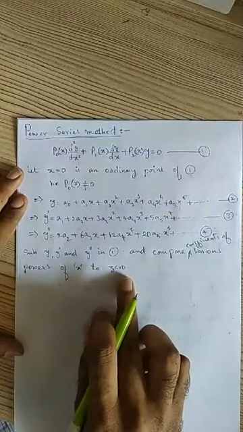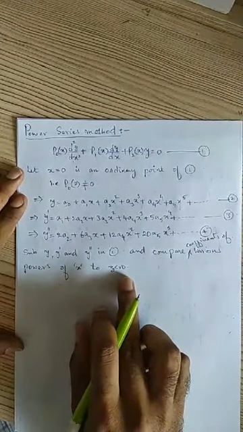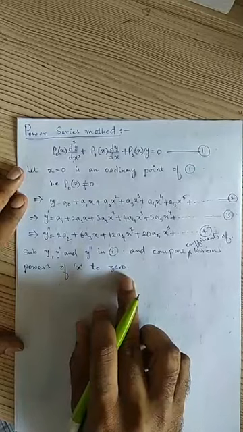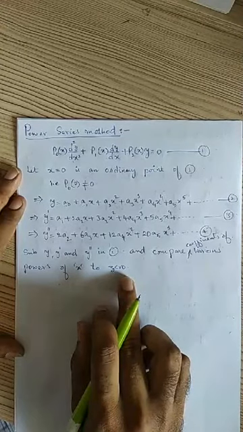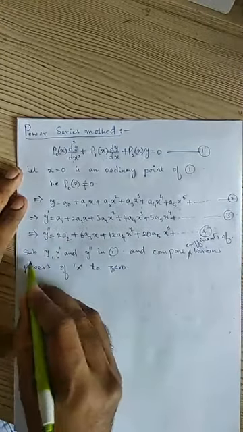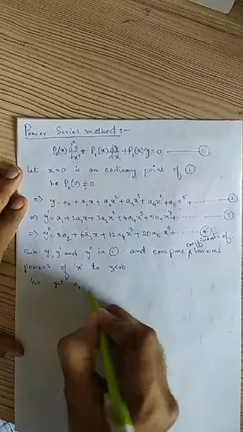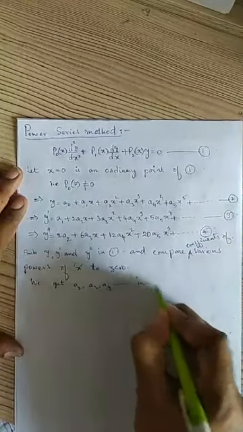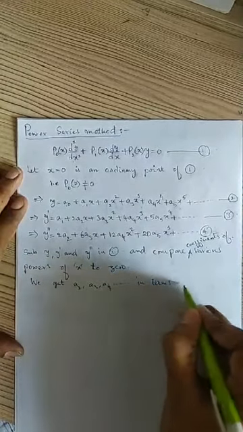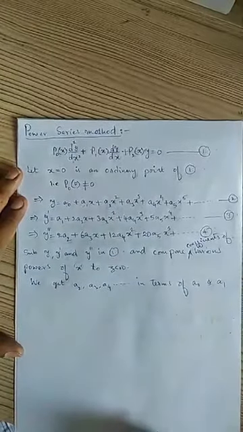That is, we'll compare the coefficients of x power 0 to 0, the coefficients of x power 1 to 0, x power 2 to 0, x power 3 to 0. If we keep on doing like this, then we get a2, a3, a4 and so on in terms of a0 and a1, right?